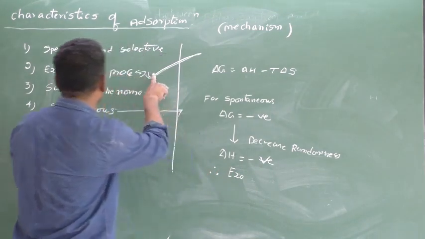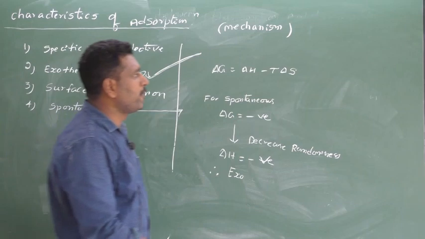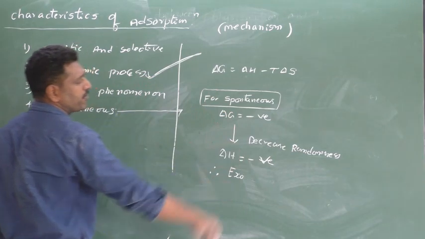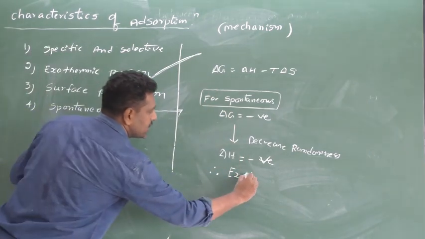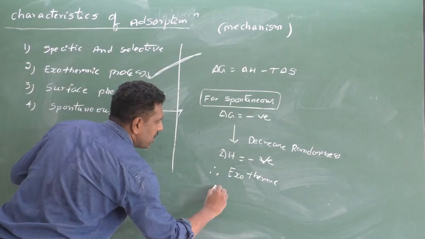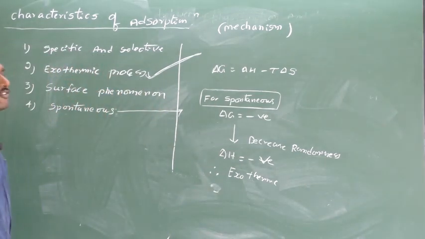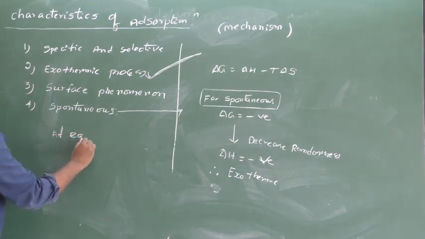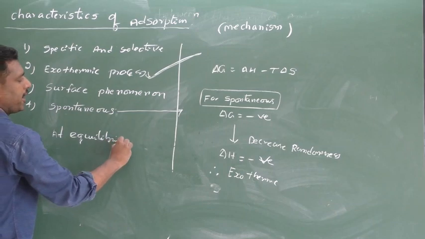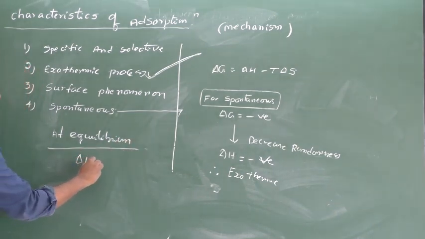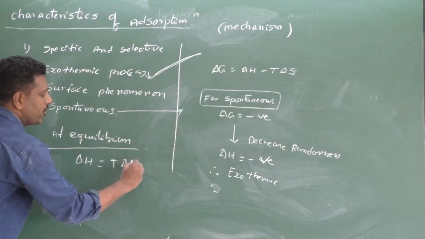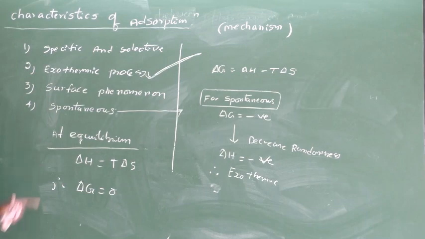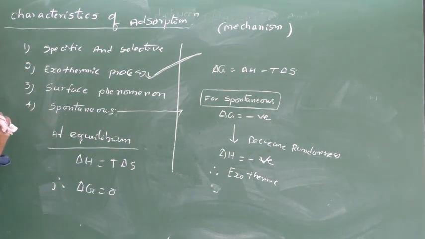For a spontaneous process it is exothermic and delta G is negative. All are negative signs only for a spontaneous process. And at equilibrium, delta H equals T delta S. Therefore, delta G becomes 0 at equilibrium. This is the mechanism of adsorption.